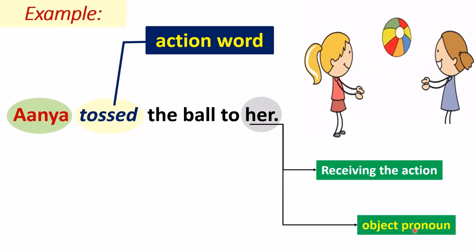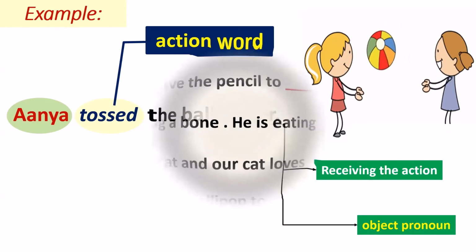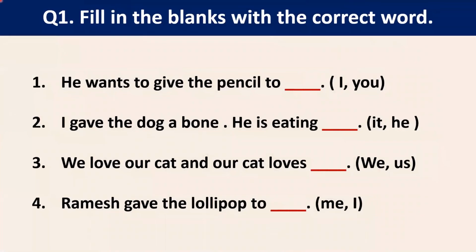I hope children subject pronouns and object pronouns are clear to you. Now let us do one exercise, children. Fill in the blanks with the correct word. First sentence: he wants to give the pencil to dash, I or you.